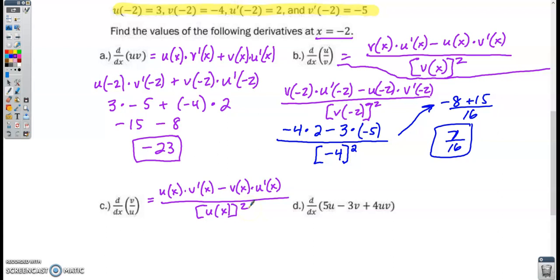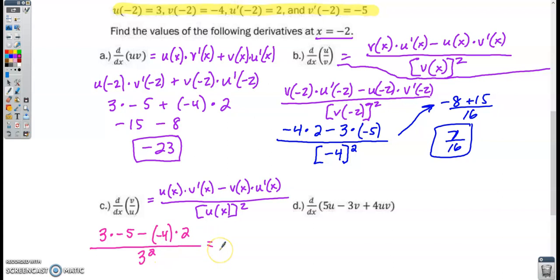Now we substitute all those values in. u of negative 2 is 3, and v prime of negative 2 is negative 5, and v of negative 2 is negative 4, and u prime of negative 2 is 2, all over u of negative 2, quantity squared.